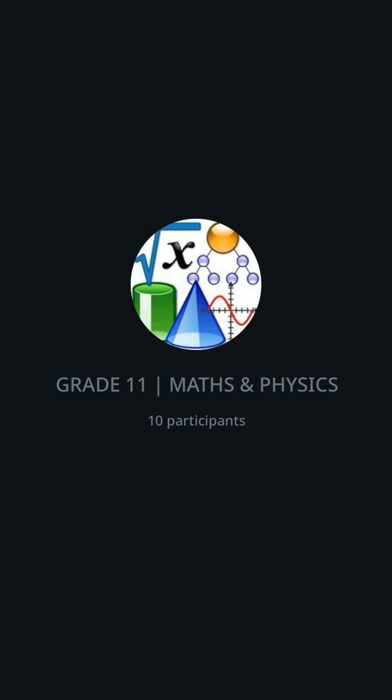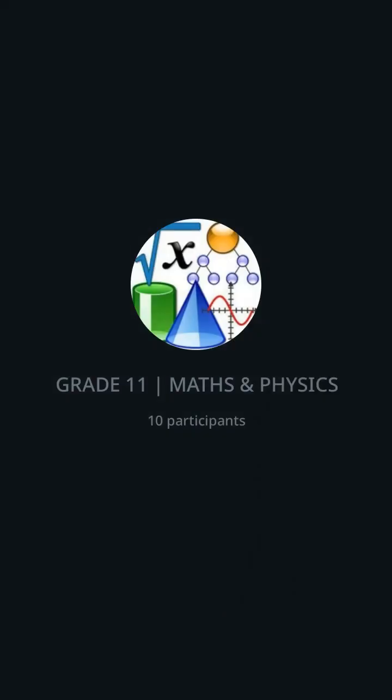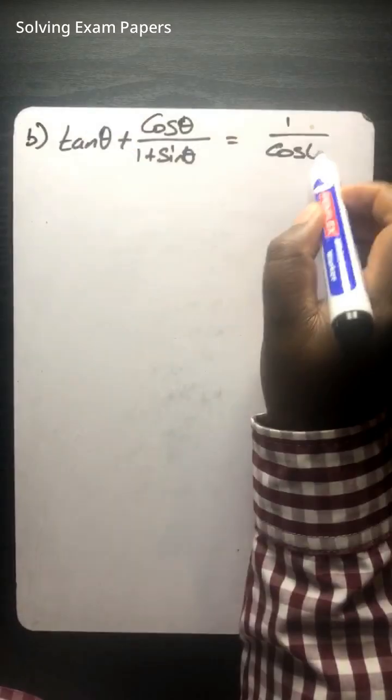So just bear in mind that it is equal to that. But most importantly, you need to be aware that when you are given something similar to this, where do you start?